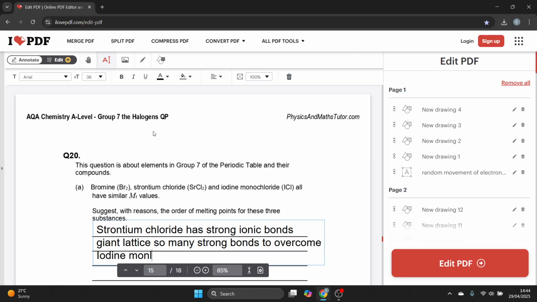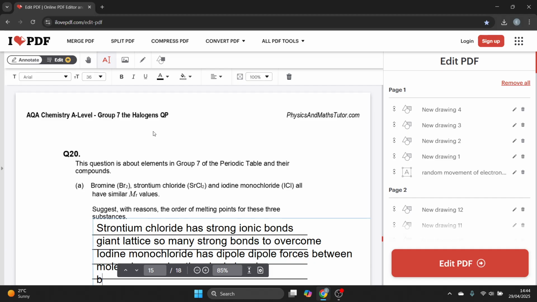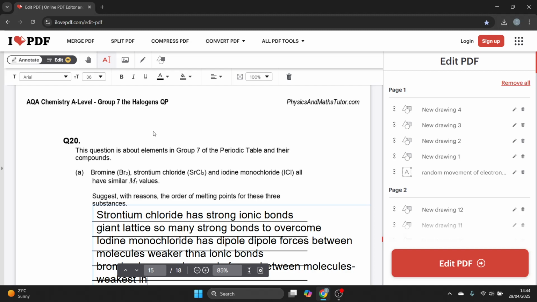Iodine monochloride has dipole forces between molecules, and these are obviously weaker than ionic bonds. And then bromine has van der Waals forces between molecules, and these are the weakest forces, the weakest out of the three.